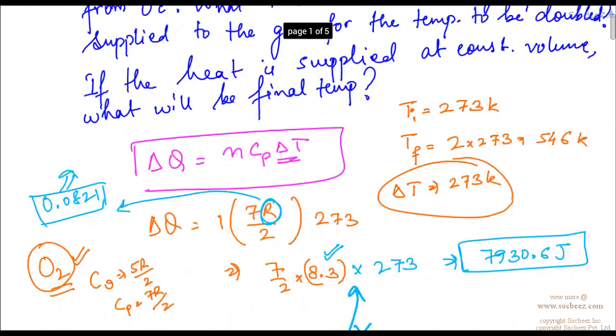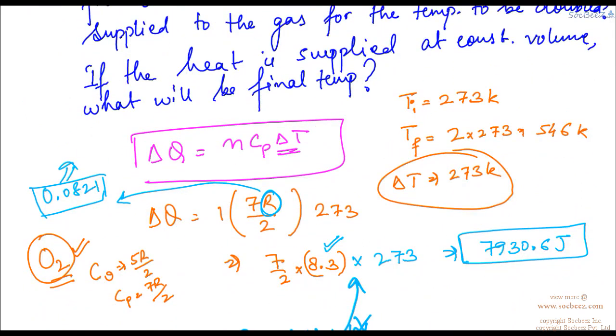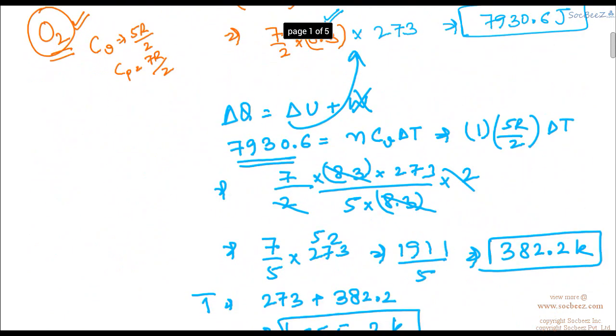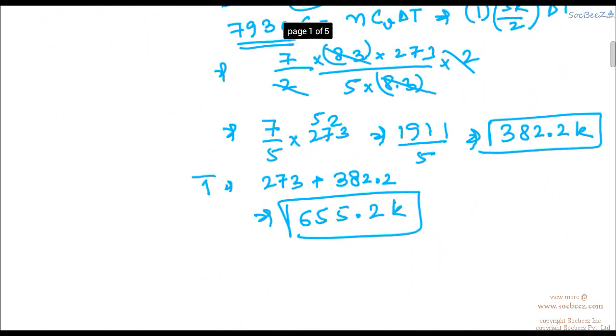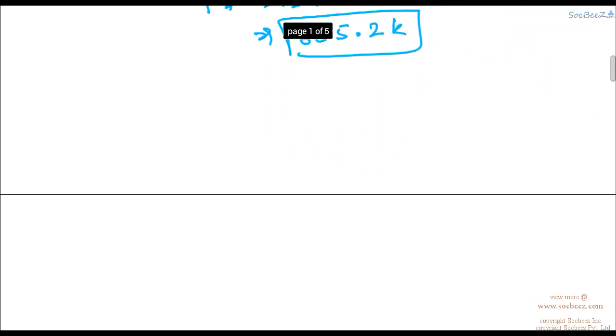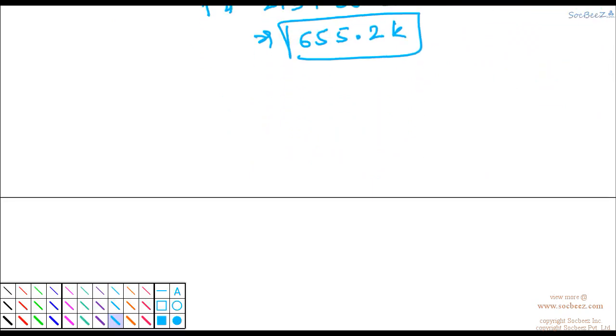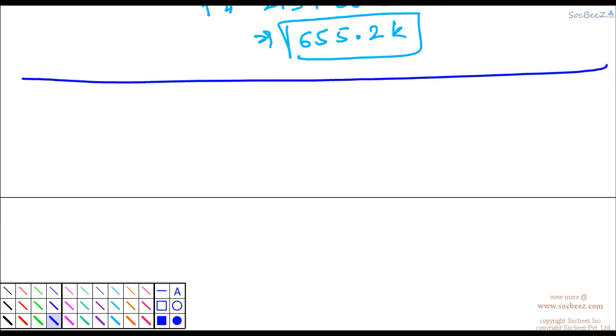In this question we used two basic concepts: delta Q under constant pressure is nCp delta T, with Cp for a diatomic gas being 7R by 2, and under constant volume delta Q is equal to delta U. So delta Q obtained from the previous process is put into nCv delta T, and we find the change in temperature, and using that we can find the final temperature attained by the gas.